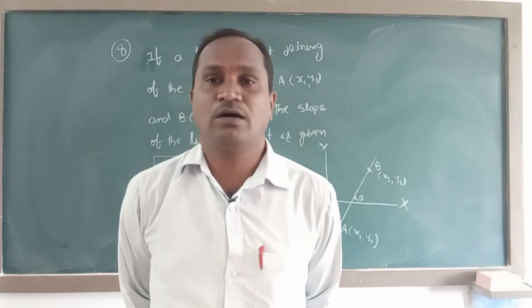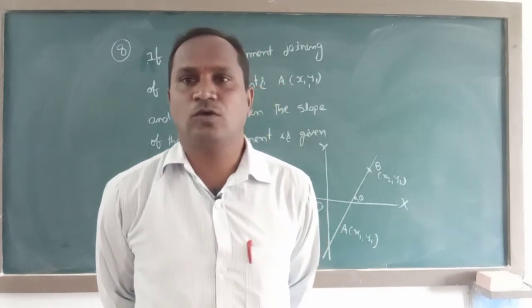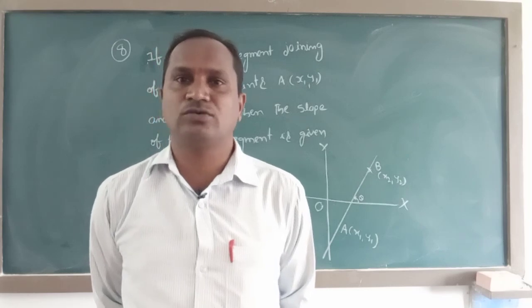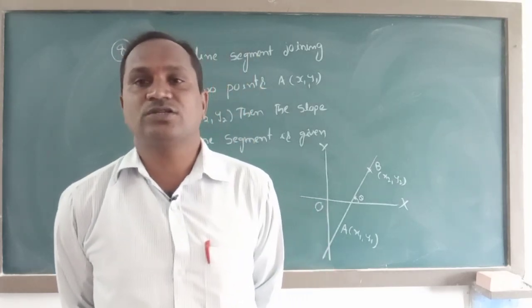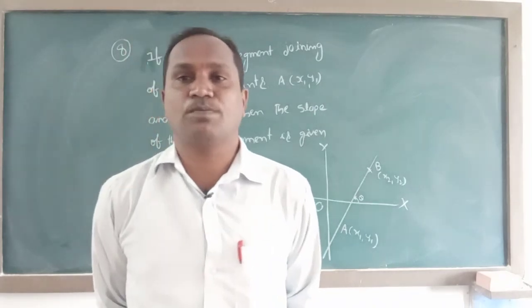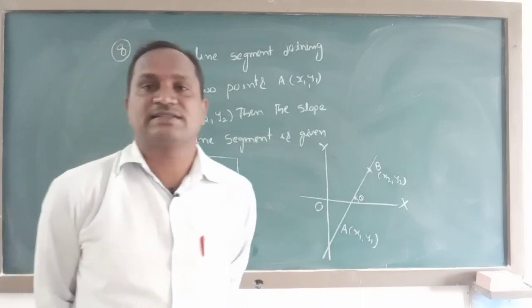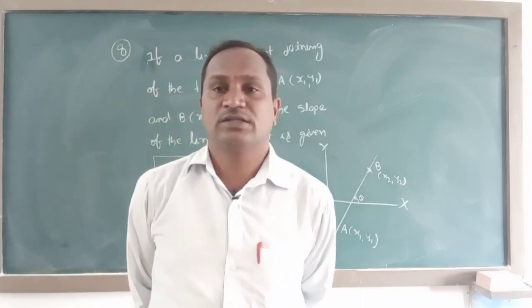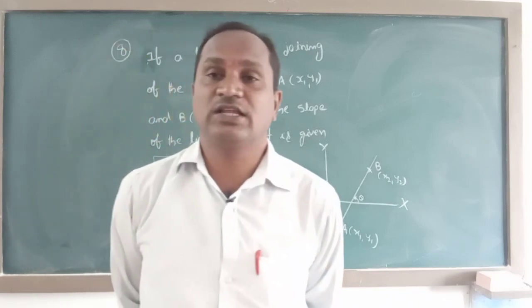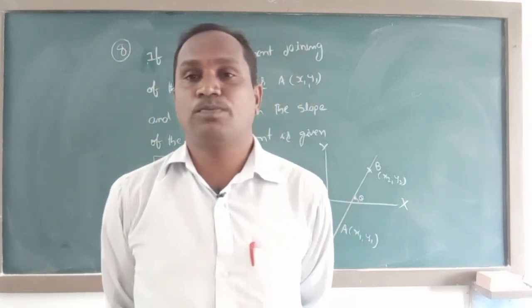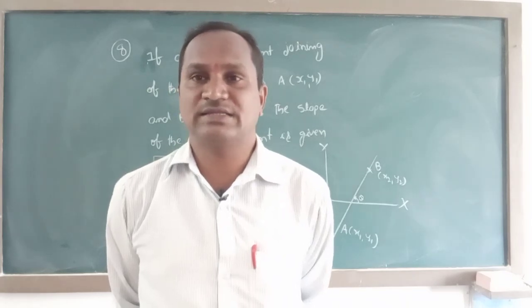At the same time, how we find the slopes of axes and what the slopes of lines parallel to coordinate axes are. I have also given conditions for parallel lines and conditions for perpendicular lines. The last formula is, if a line segment joins 2 points, the formula for slope. And next class onwards, I'll give you the proof for the slope formula, and at the same time perpendicularity of two lines also.